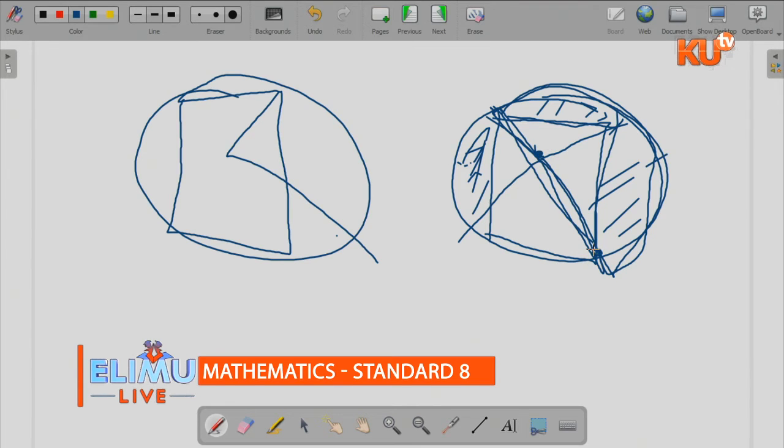So by the time you are finding the area of a triangle, make sure you use base as 42 and height as 21. Remember, from here to here is 21. So half times 42 times 21. What will you get?